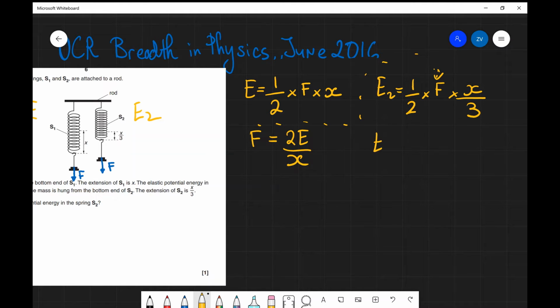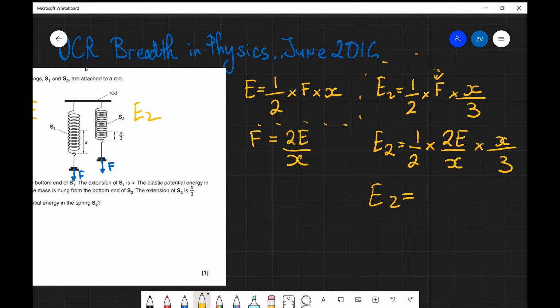So I'm going to get that my elastic potential energy of spring 2, call that E2, is going to equal a half multiplied by, now rather than F, what I'm going to write is 2E over X multiplied by X over 3. And now we can do quite a lot of cancellation.